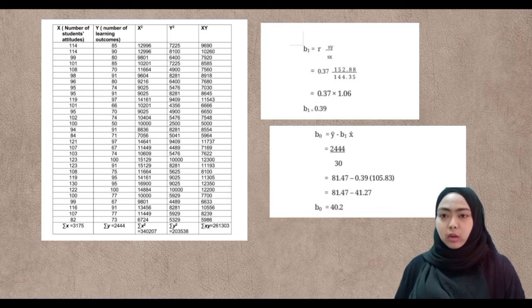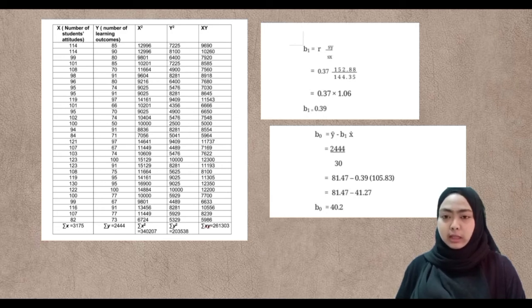After that, we compute and find that B1 is 0.39. After that, we go on to B0. We get the answer, B0 is 40.2, by following the same steps as before, using the formula and calculating.